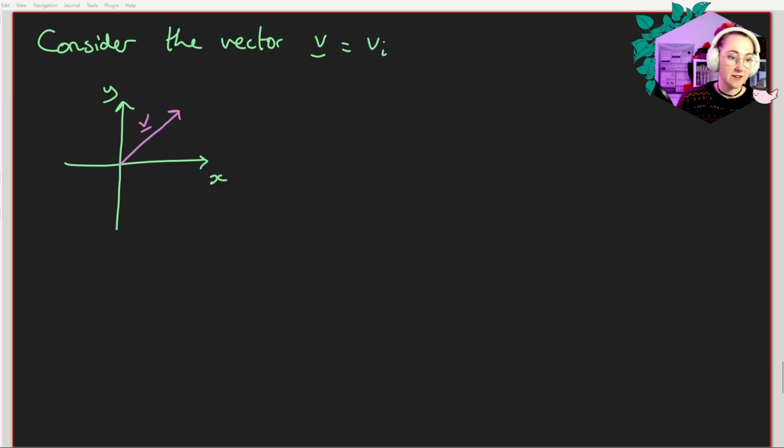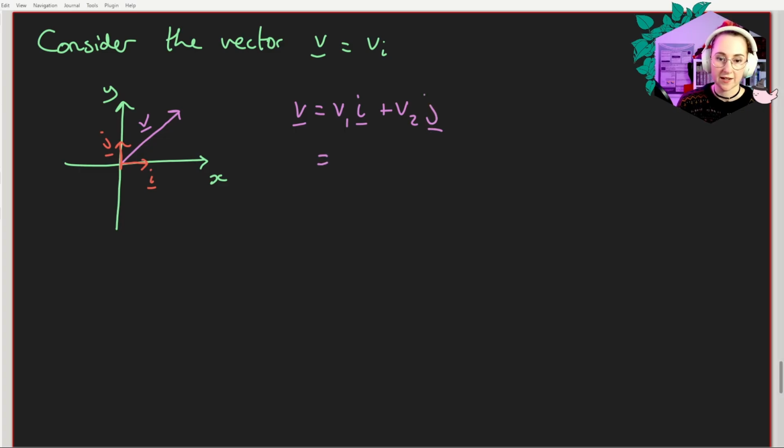And we can say again that it can be written as the coefficients multiplied by our basis vectors, our i and j. v1 times i and v2 times j.